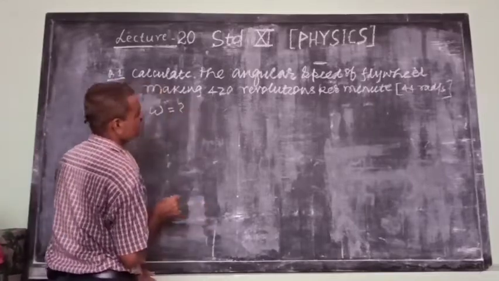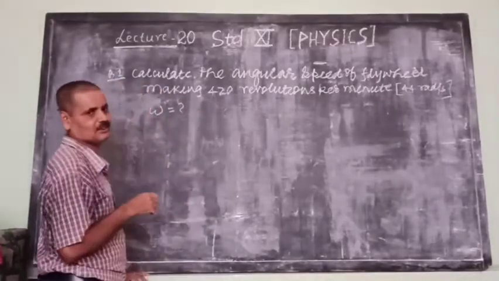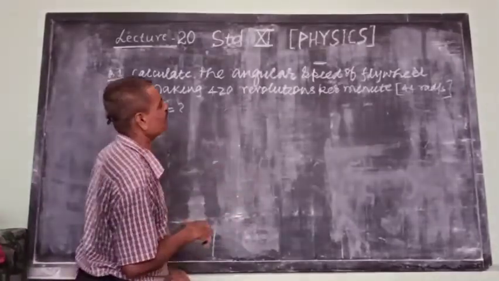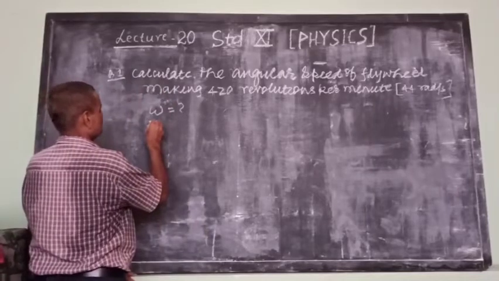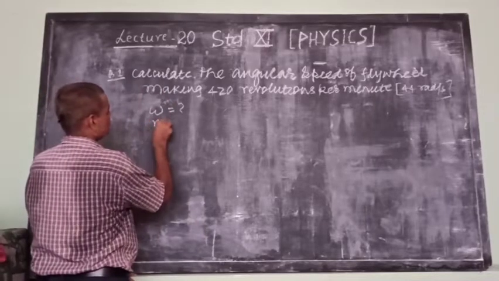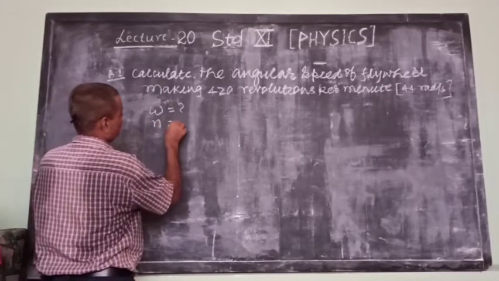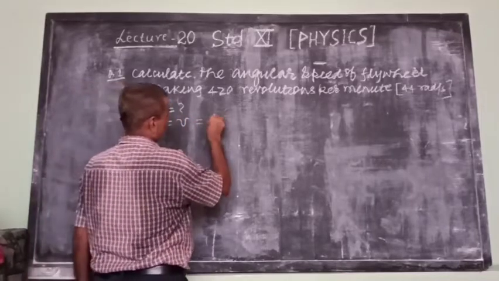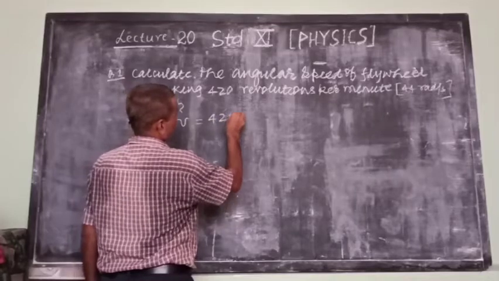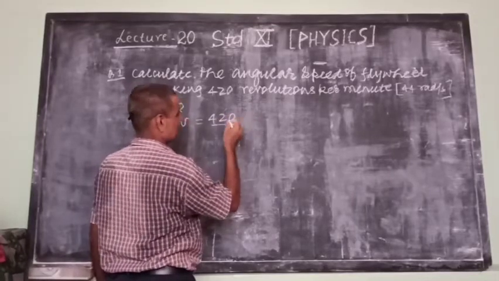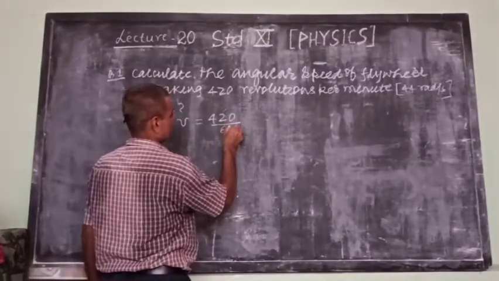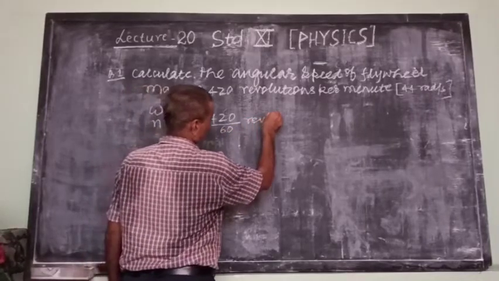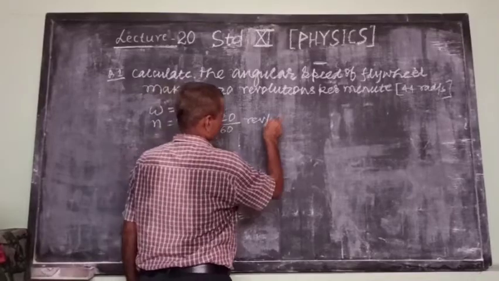Making 420 revolutions per minute, per minute it moves 420 times. So frequency is given, either you can say n or nu, 420 revolutions per minute. So it will be divided by 60, it will be revolutions per second.